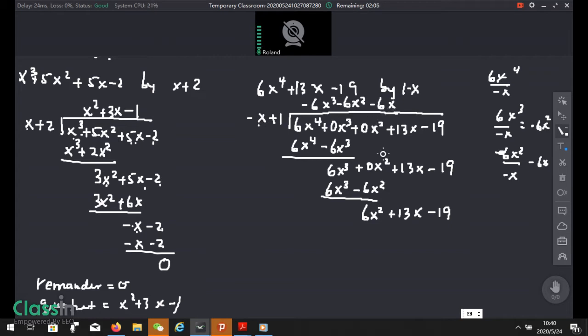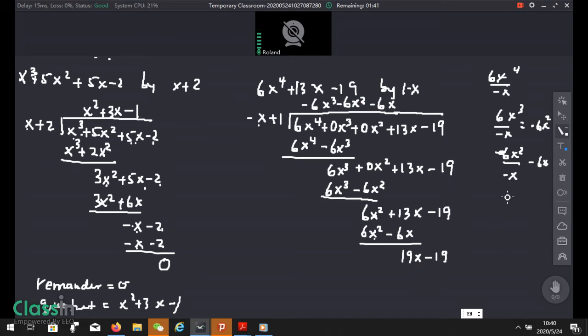Negative x times negative 6x becomes positive 6x squared. 1 times negative 6x becomes negative 6x. We subtract. 6x squared minus 6x squared goes to 0. 13x minus negative 6x, that is 19x minus 19.